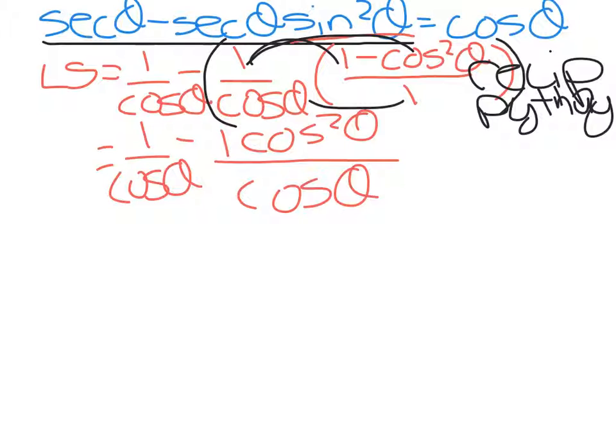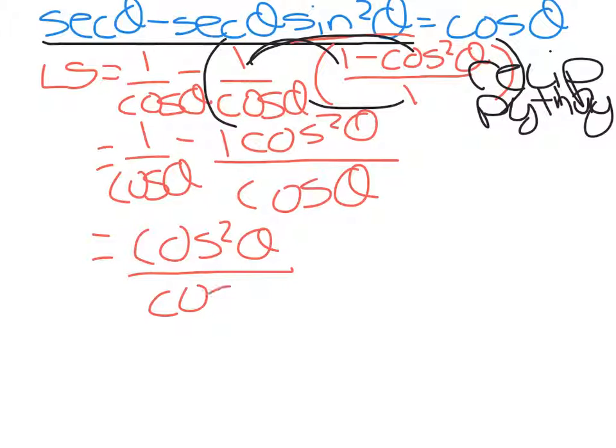So now I'm going to subtract my numerator. So 1 subtract 1 cos squared theta equals cos squared theta. And you keep your denominator the same. So that is cos theta. So now we divide those terms, leaving us with just cos theta.